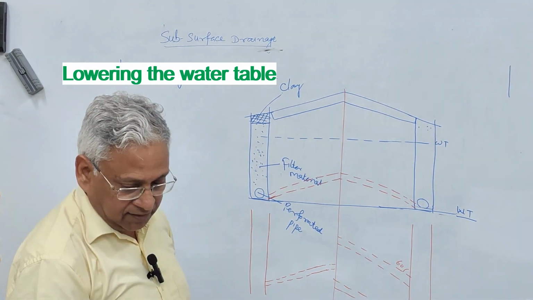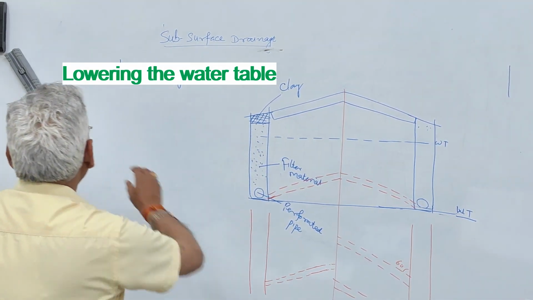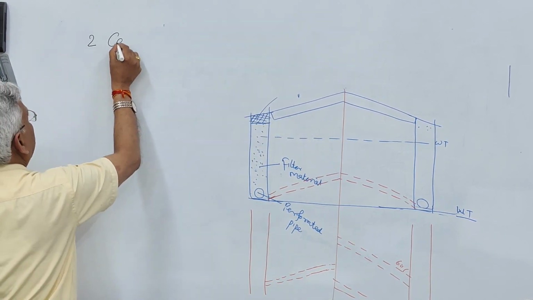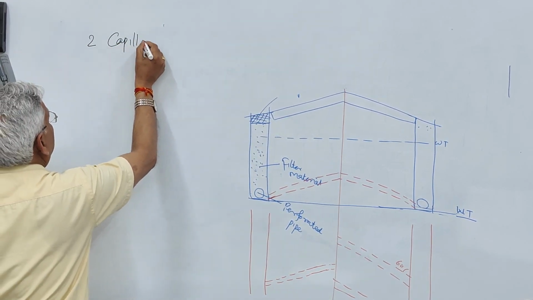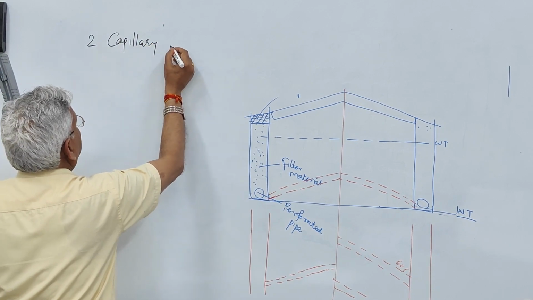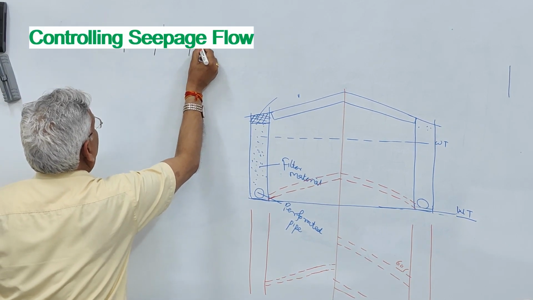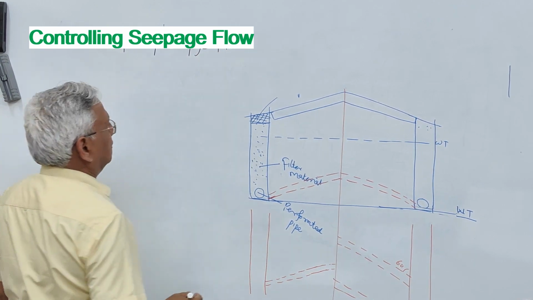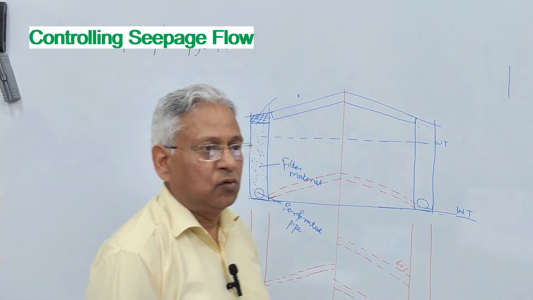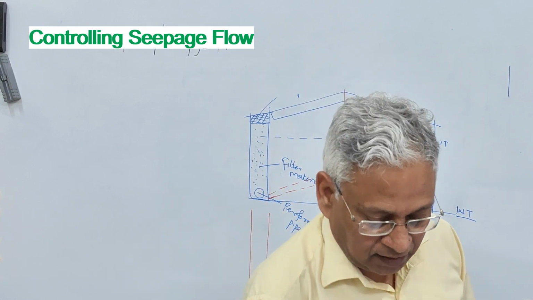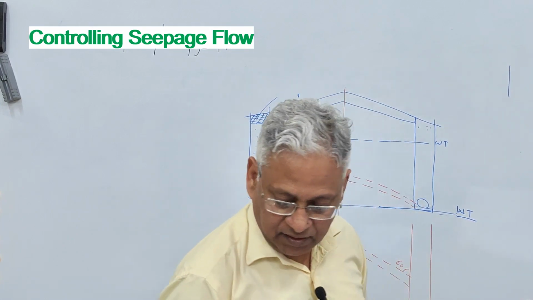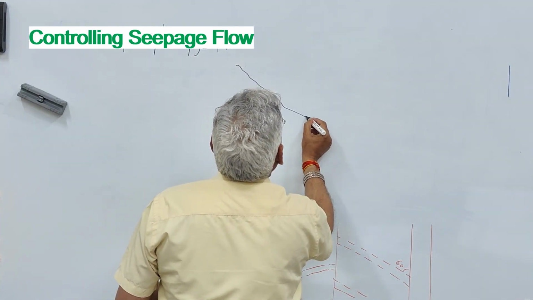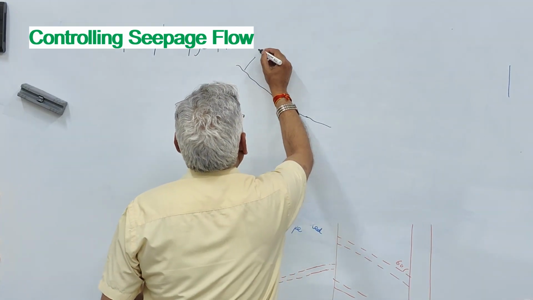The second is capillary seepage flow. This is generally a problem when you construct a road in hills by cutting the slope in the vertical direction. Now this is the cut slope.